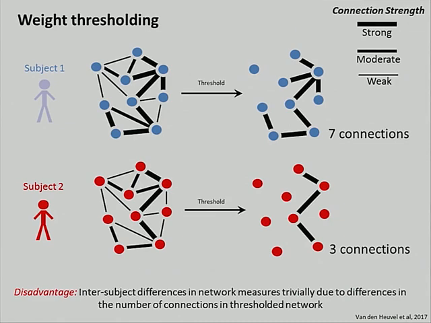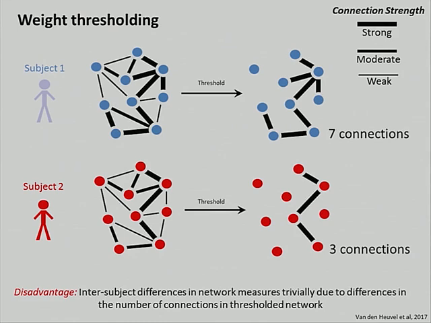And here's an example. So this is looking at weight thresholding. Once again, the networks on the left correspond to the unthresholded networks, and the networks on the right are the thresholded ones. And in this case, I've decided to eliminate the moderate and weak connections. Now note, with subject 2, the subject shown in red, overall, there's a greater frequency of weak connections.